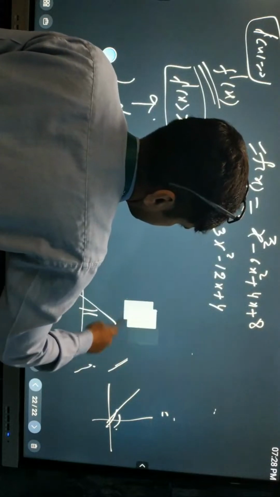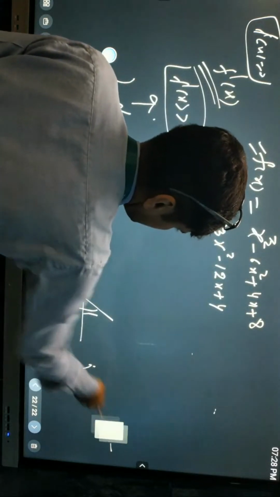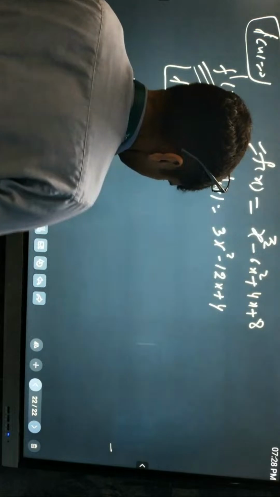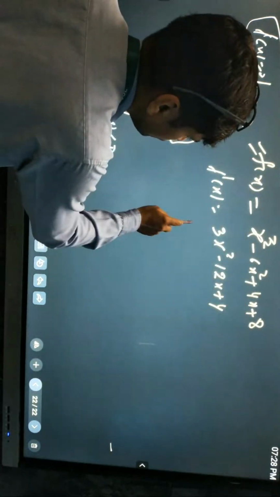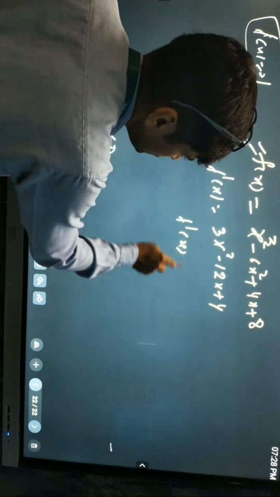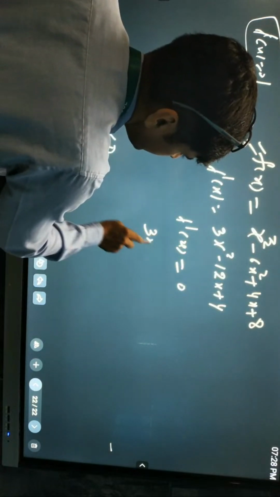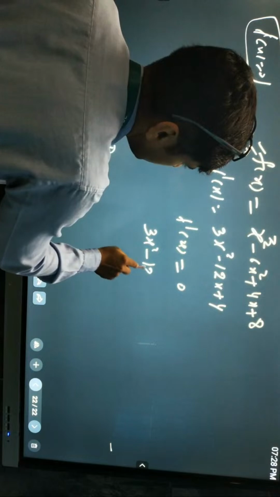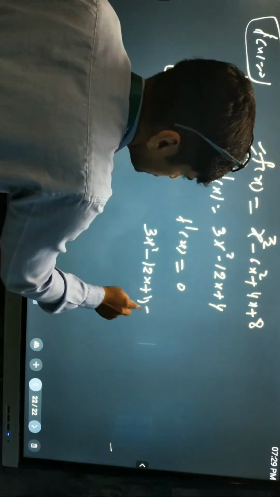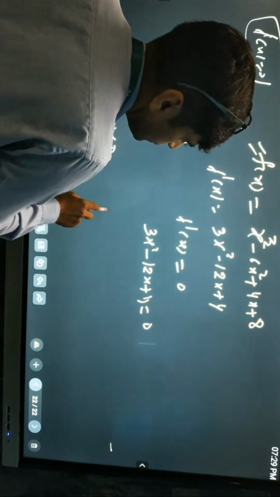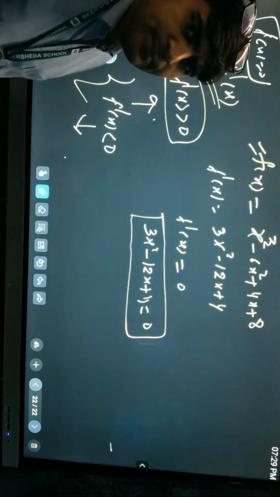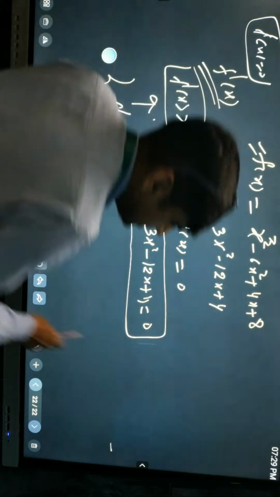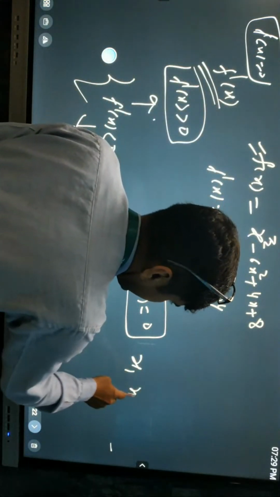Now the derivative of this function is equal to 0. It means f dash x equals 0. It means 3x square minus 12x plus 4 equals 0. Now after solving, we have to find x1 and x2.